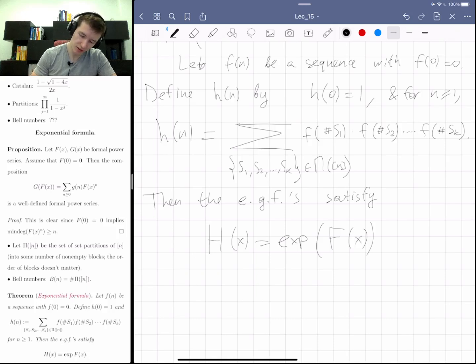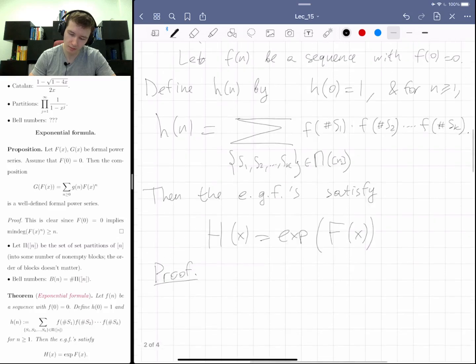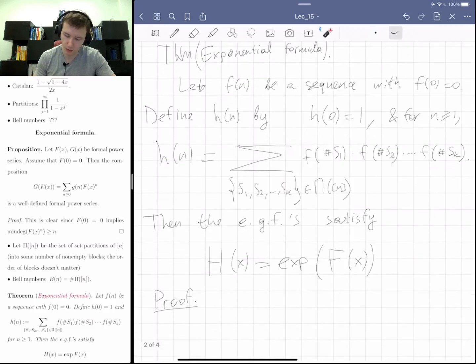Let me try to prove it, because it seems kind of impressive. You talk about some set partitions, and then you end up with this very simple relation for the generating functions, even though there are all these unnatural details, like the blocks have to be non-empty and unordered.